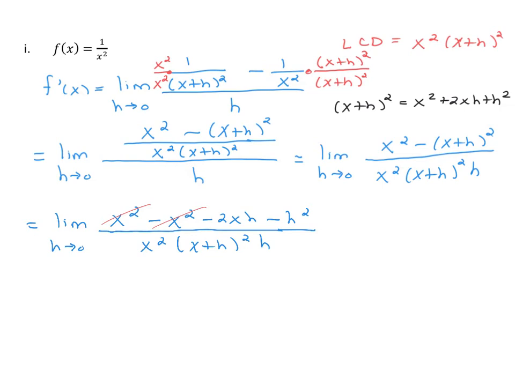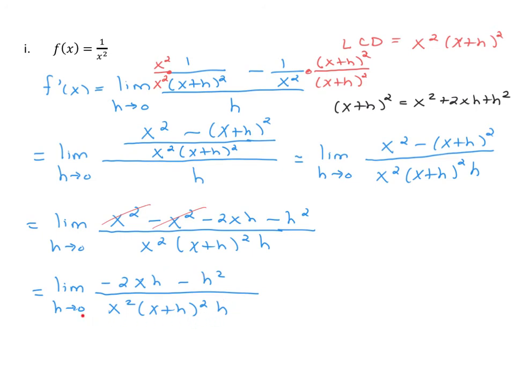So let's write down what we have left over. This is the limit as h goes to 0 of, okay, we get negative 2xh minus h squared divided by x squared times x plus h squared times h. I can factor out an h from both terms in the numerator and cancel it with this single h.